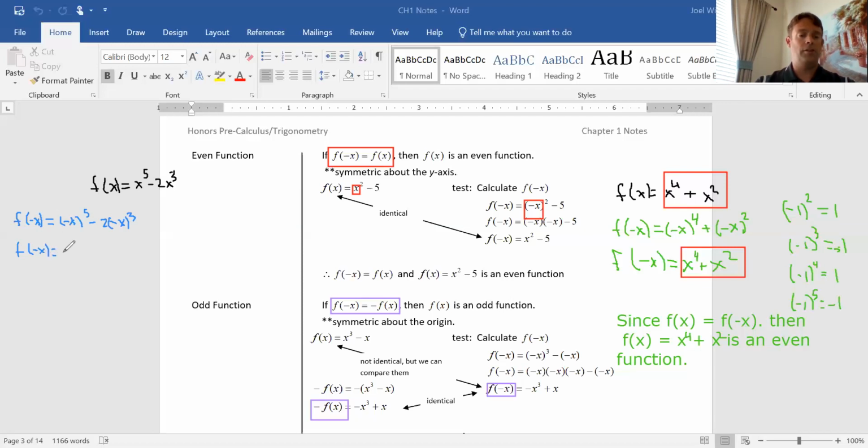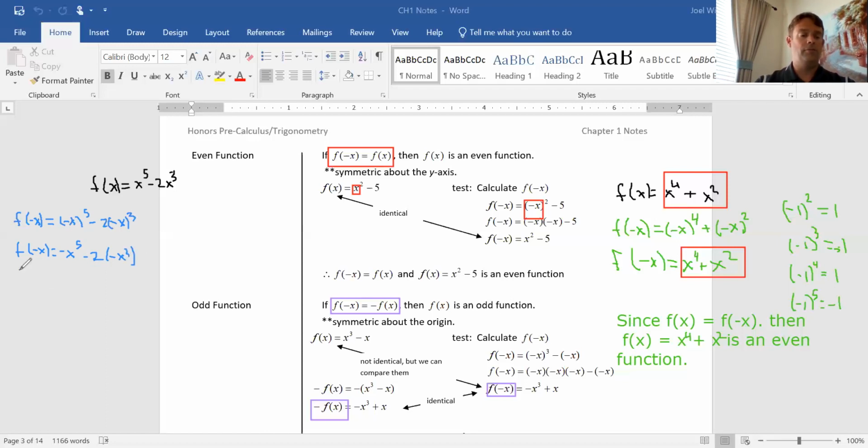So that becomes a negative x to the 5th minus 2 times negative x cubed. That's a negative value still, so that'd be a negative x cubed.